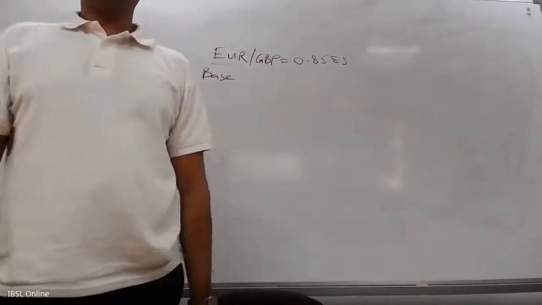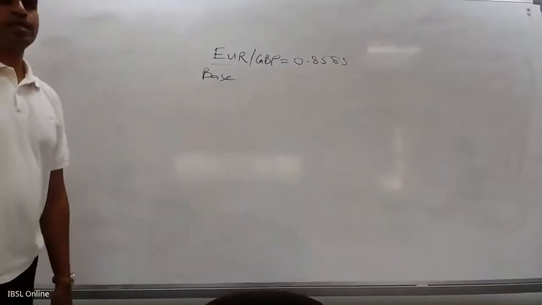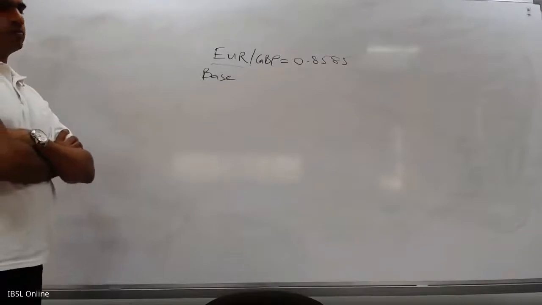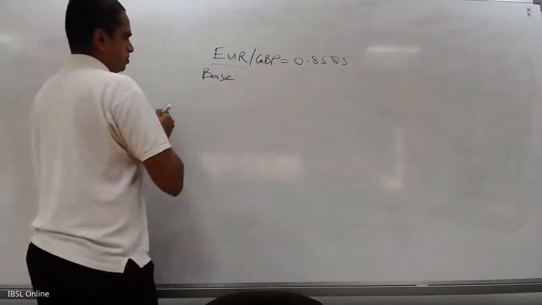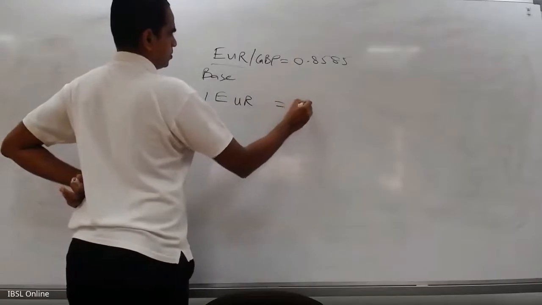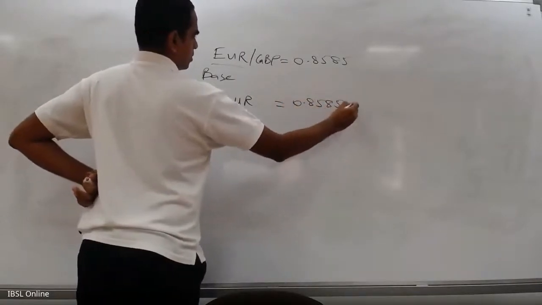Given the exchange rate of 0.8585 euro sterling, you have 10 million euros. How much can you get in sterling? So 1 euro equals 0.8585 sterling.